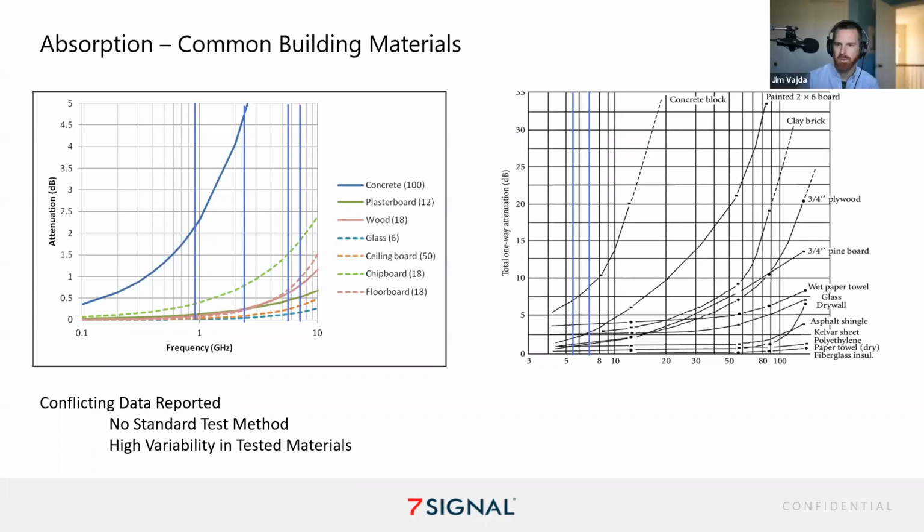Yeah, you make a good point about what exactly are the details of each of these materials? Concrete could be very thick, it could be thin. Concrete has a lot more water content when it's first poured than after it's cured for a couple of years, and that changes its behavior.